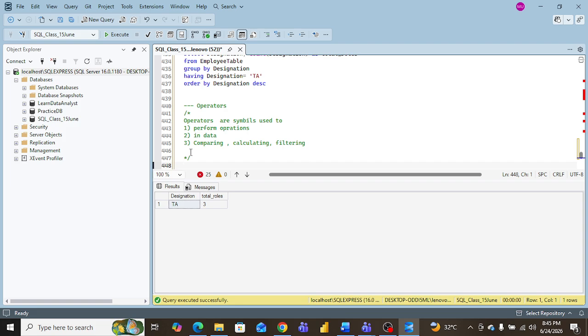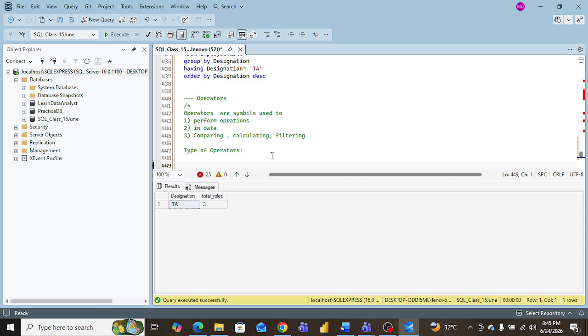What are the symbols? Now we have to understand symbols. Symbols means a type of the operator. What types of operators do we have to understand?